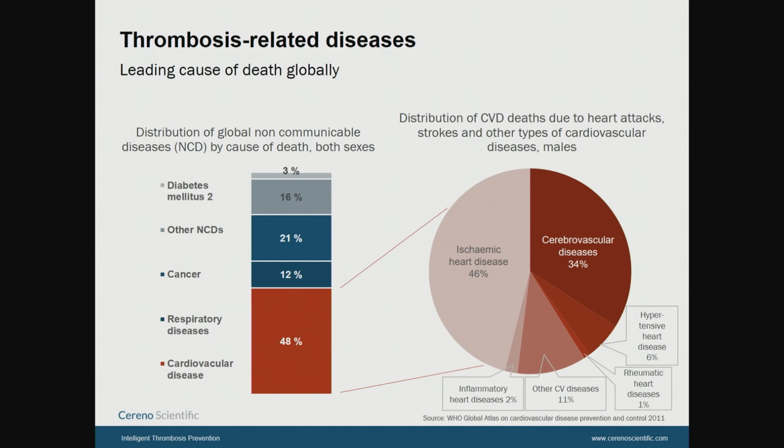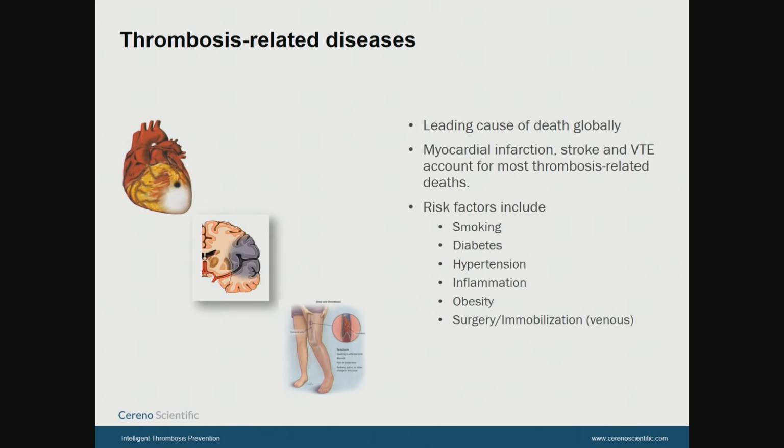Looking at who gets thrombosis and what impact it has, about half of the deaths are caused by cardiovascular diseases, and most of that is thrombosis related. So stroke in the brain, infarct in the heart, thrombosis in the veins.